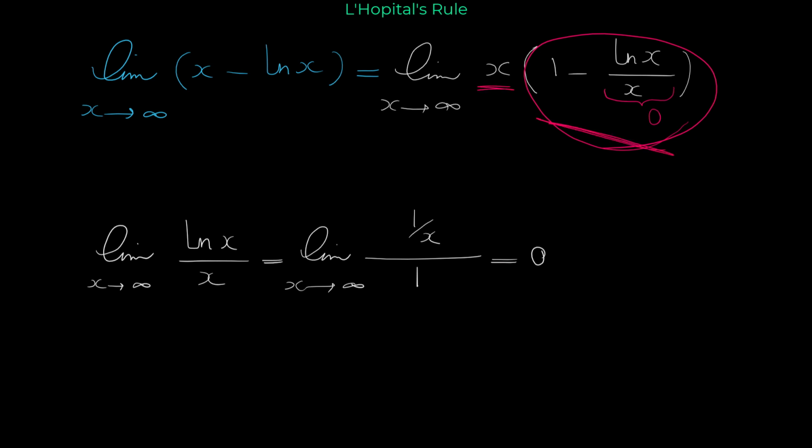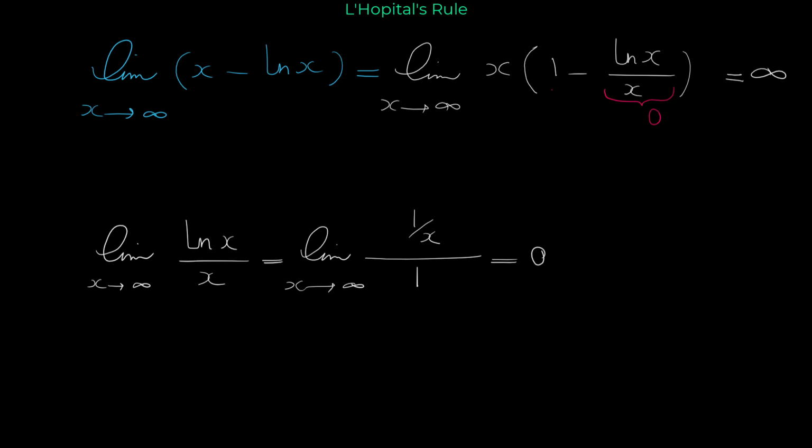But x goes to infinity, so we have x times 1, and x times 1 is x, and when x approaches infinity, the limit equals infinity. So the limit of x minus ln of x when x approaches infinity is infinity. And this makes sense, and we could probably predict that this limit is infinity.